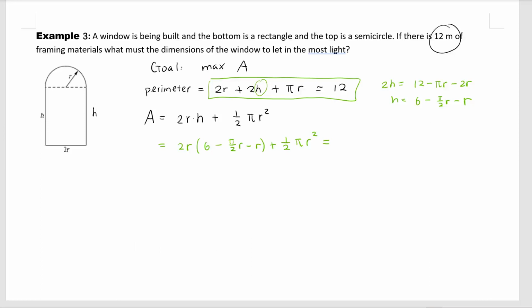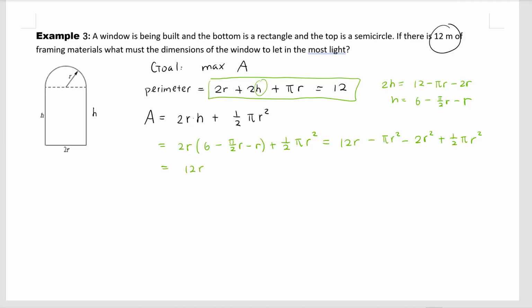So we have A equals 6 minus pi over 2 r minus r, times 2r, plus 1/2 pi r squared. Okay, so now we can distribute it. So we have 12r, and then the 2 cancels, we have minus pi r squared, and then we have minus 2r squared plus half pi r squared. Okay, let's combine the like terms.